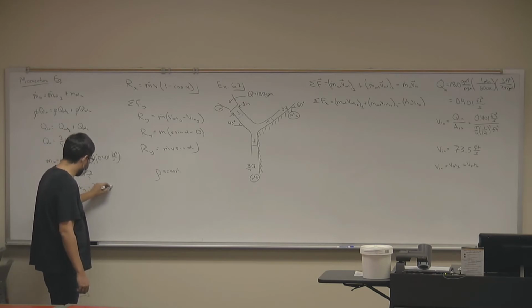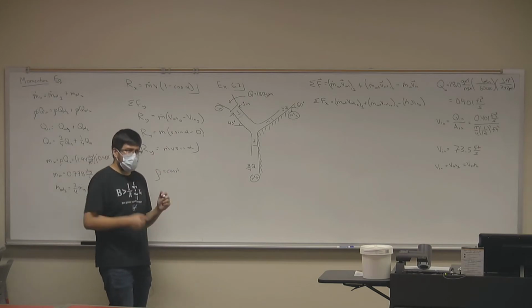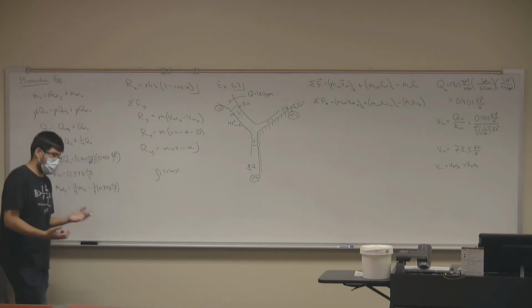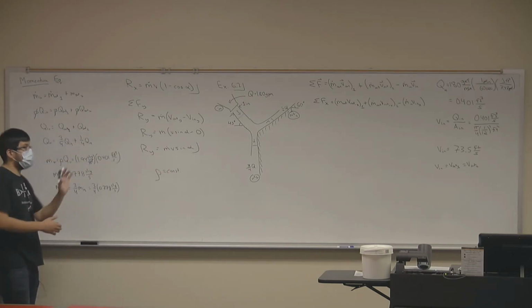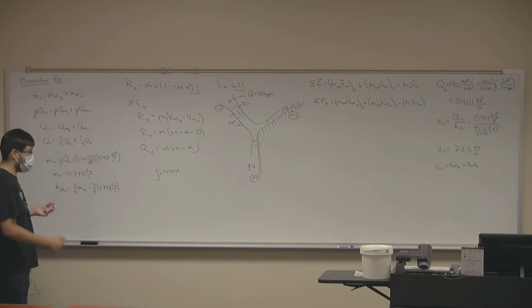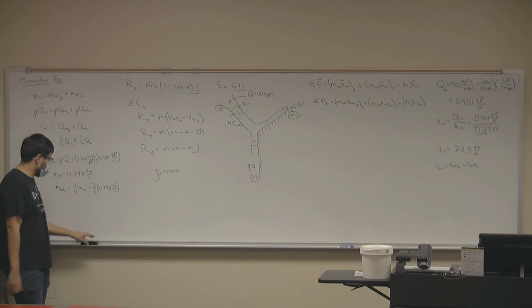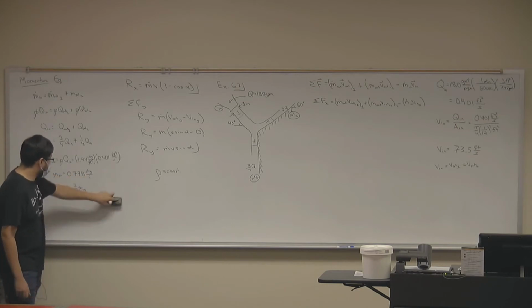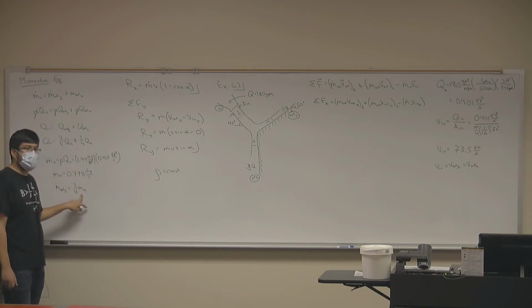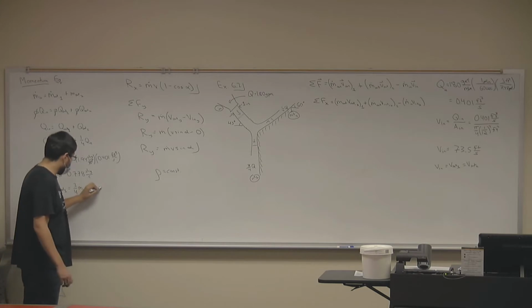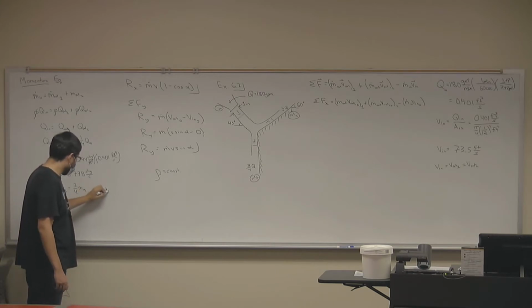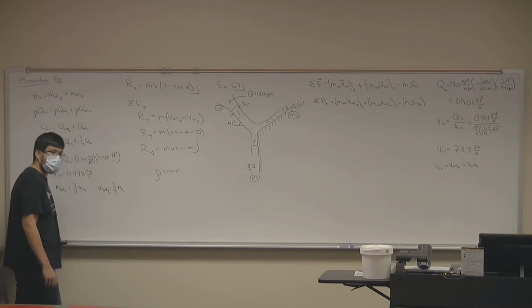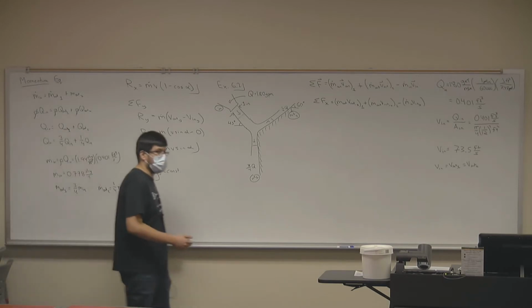Now, I personally like to organize my equation before I start plugging in numbers. If you like to solve the numbers first and then plug them in and then solve your equation, that's also fine. But what I'm going to do, and you don't have to do this, just my personal preference, is leave my mass flux out as an expression of mass flux in, and leave my other mass flux out also as an expression of mass flux in. I think you can see why I'm doing that, right?